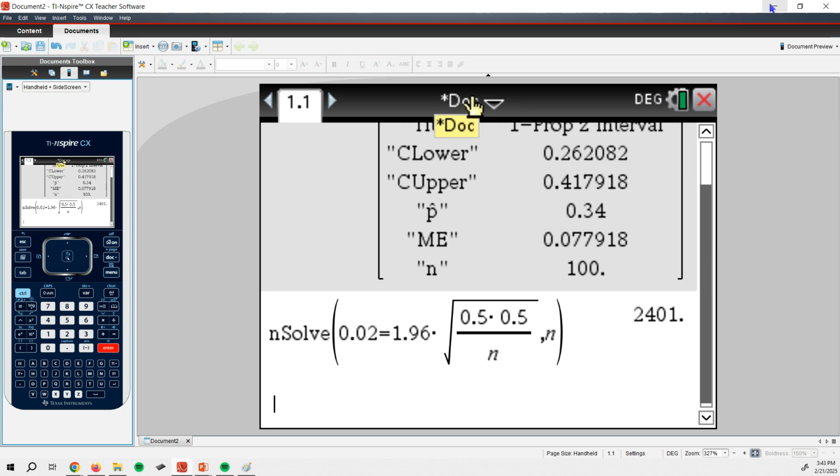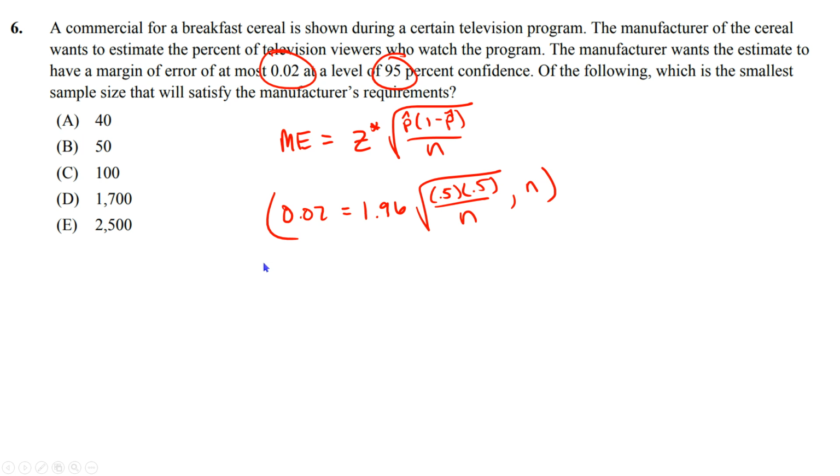That gives 2401. I think we actually did that one in class too. It doesn't matter if you want 2%, and you don't know p hat, it's 2401.